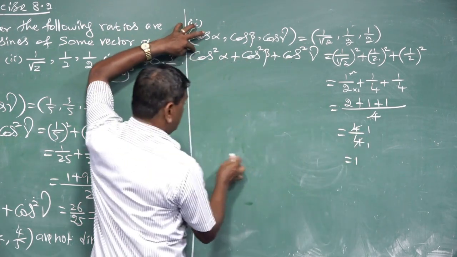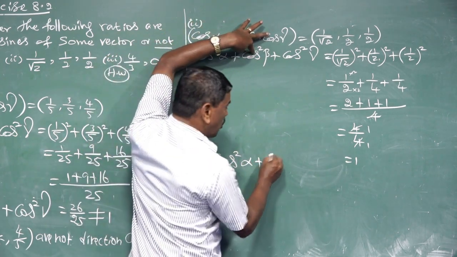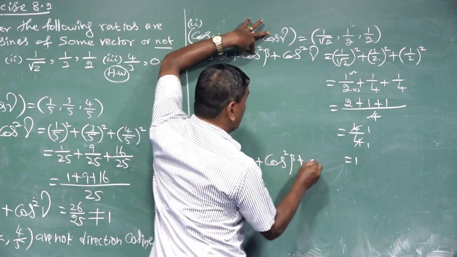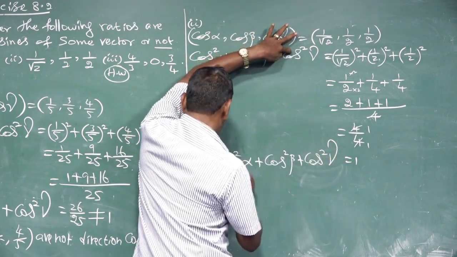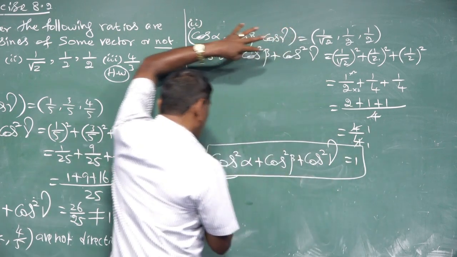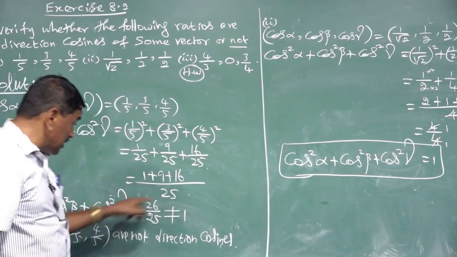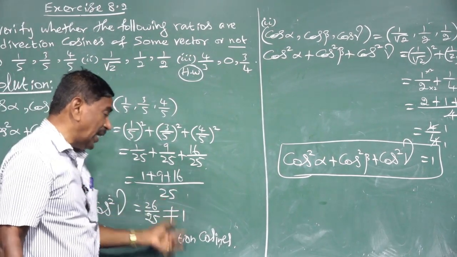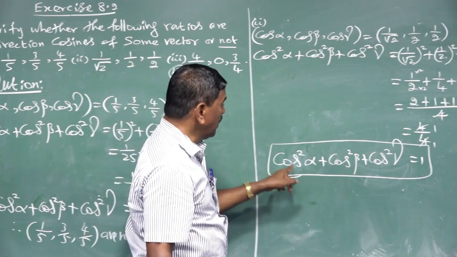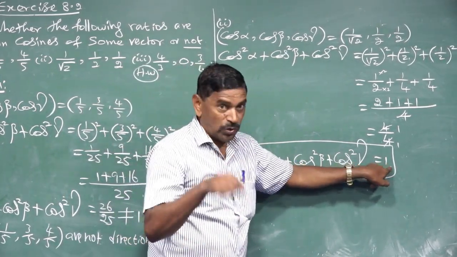What is left hand side? Therefore, cos square alpha plus cos square beta plus cos square gamma is equal to 1. In the first subdivision, cos square alpha plus cos square beta plus cos square gamma is not equal to 1, therefore the given ratios are not direction cosines. But now, cos square alpha plus cos square beta plus cos square gamma is equal to 1.